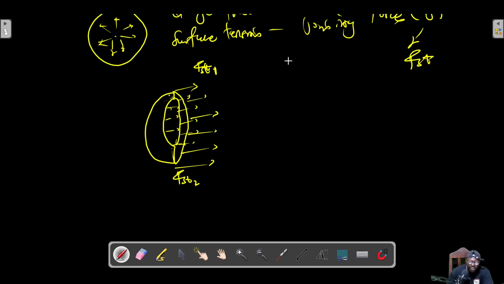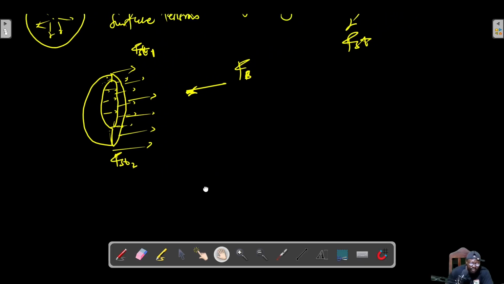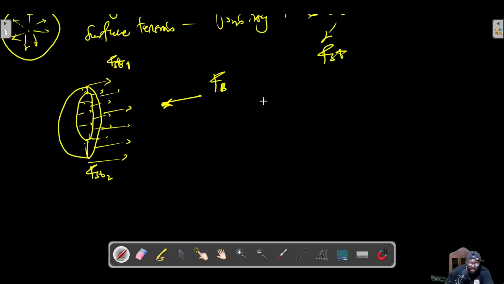Yes, the bursting force is trying to separate our soap bubble. Now, if our soap bubble is to be kept intact, meaning our bubble will be in equilibrium, then at equilibrium our surface tension force, which is the joining force, will be equal to my bursting force.